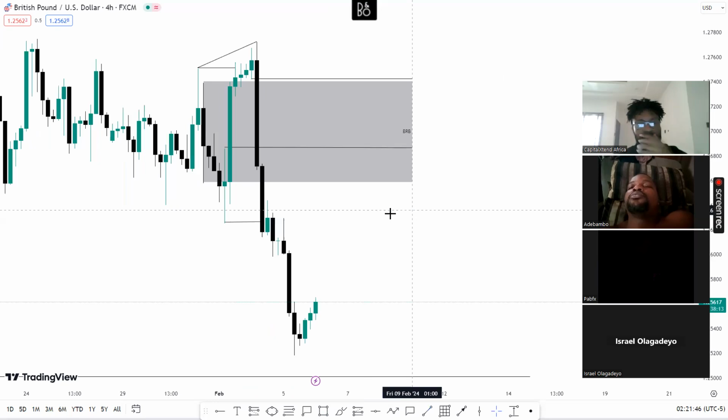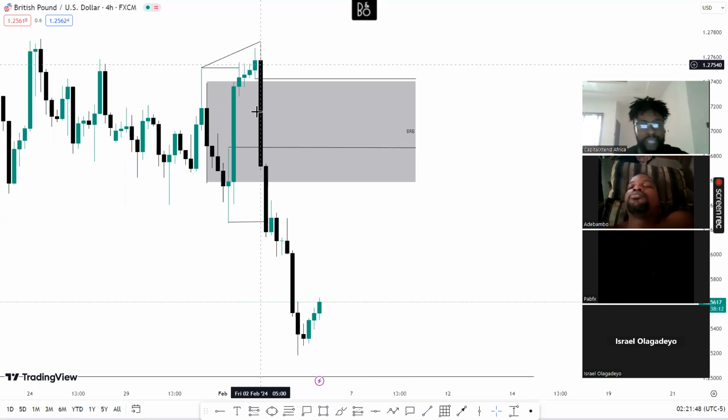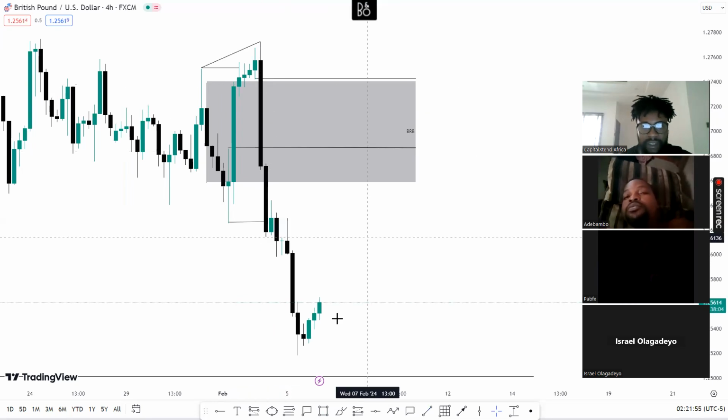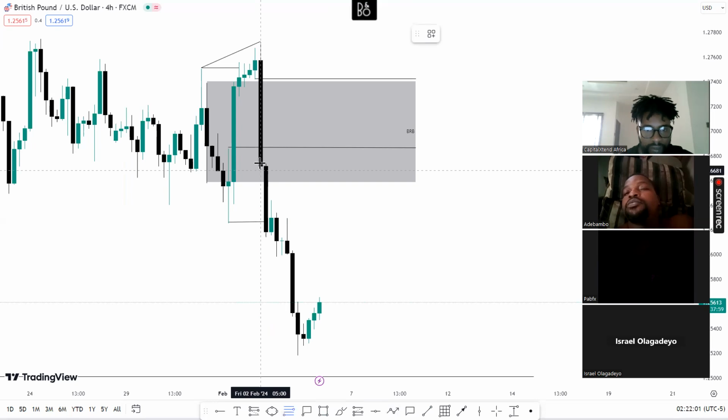We have this inversion. And mind you, we still have our normal CB here. So looking for the 50% of the CB, we need to measure that. Draw from here to this high.